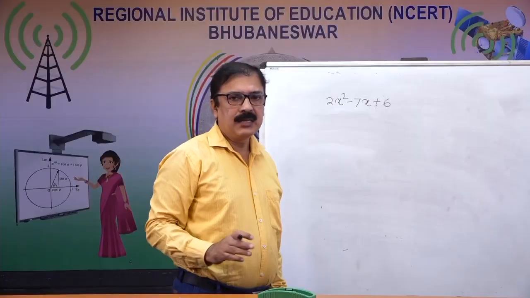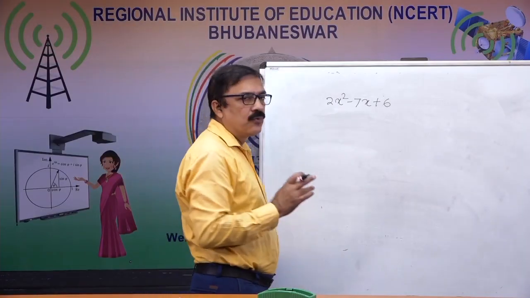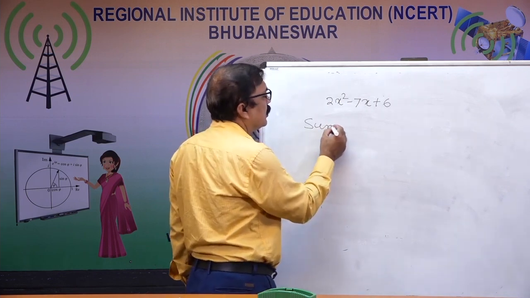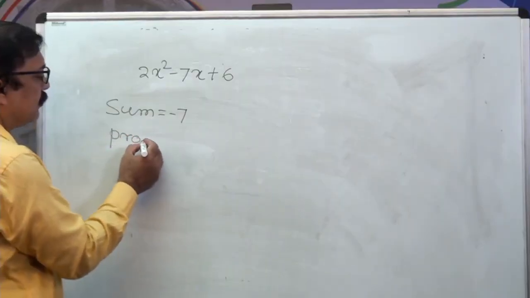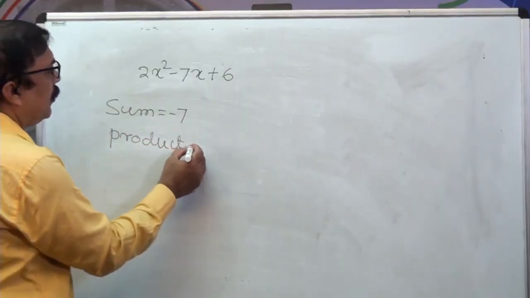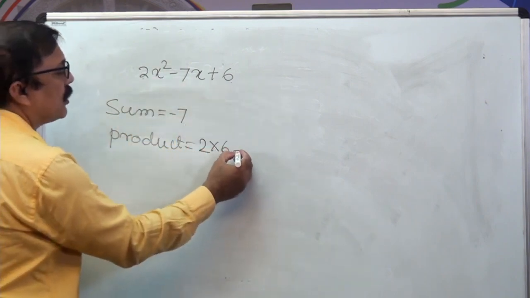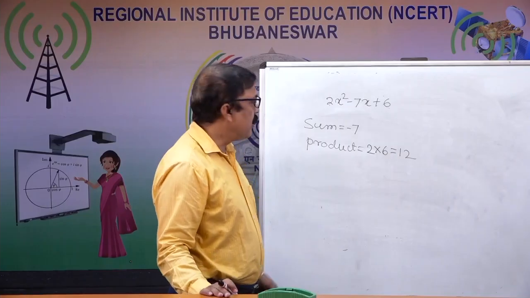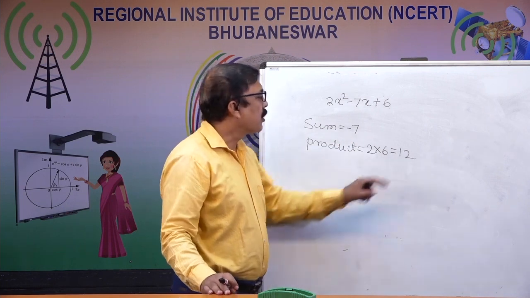As previously we discussed, we have to choose two numbers such that the sum is minus 7 and the product is AC, meaning 2 into 6, that is 12. So we have to find two numbers such that the sum is minus 7 and the product is 12.